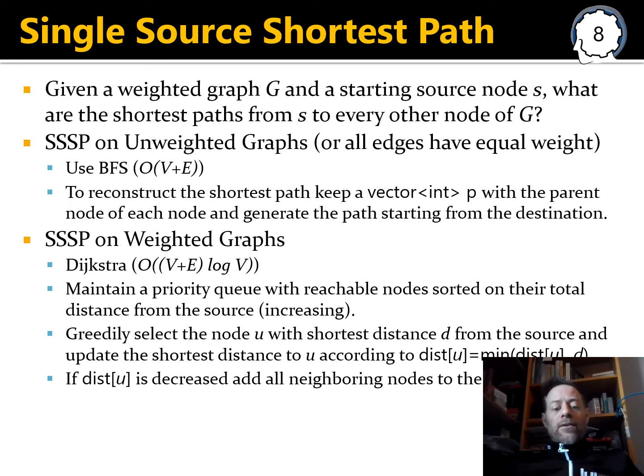And then we try to find reaching the next node, and then we just update the current minimum distance. So either we have found a new path to reach this next node, or we have found a shorter path than before, so we can then update these distances.